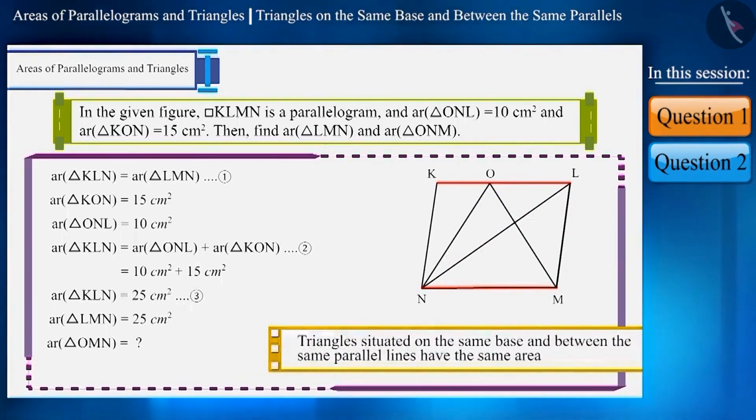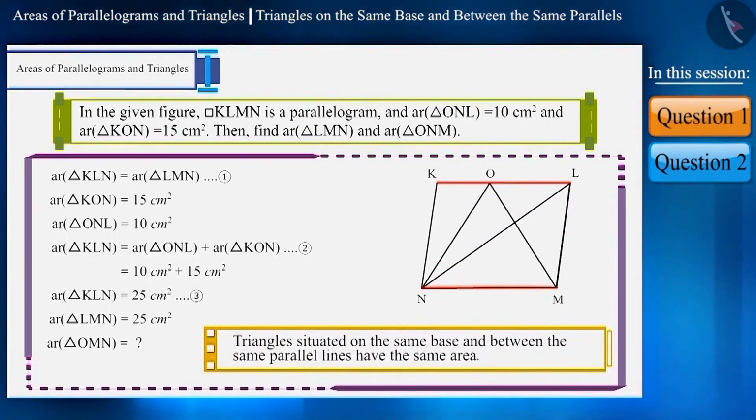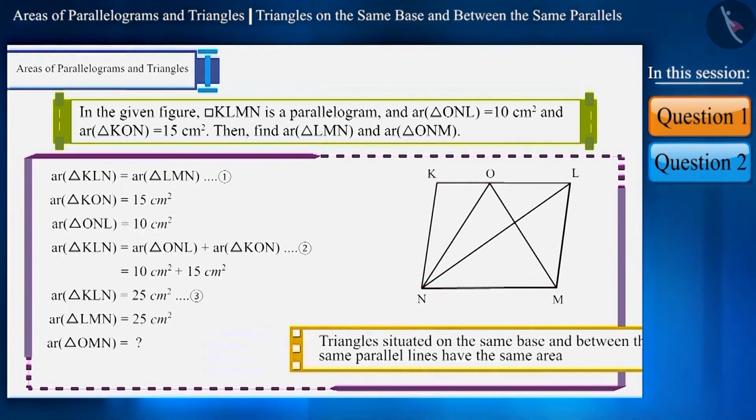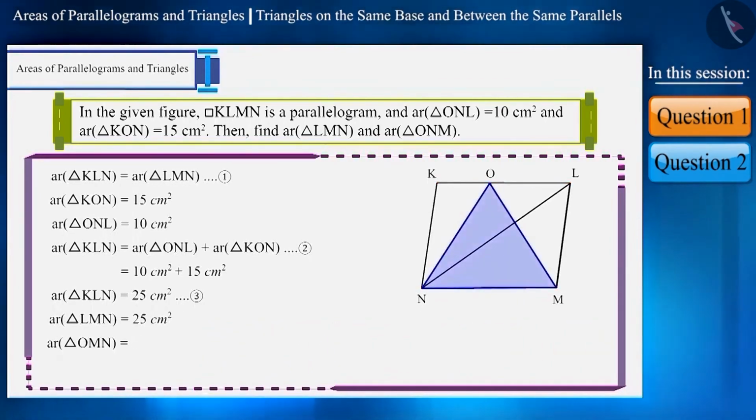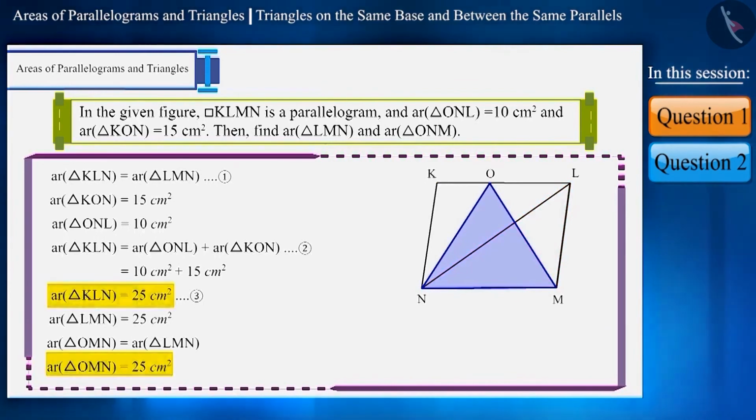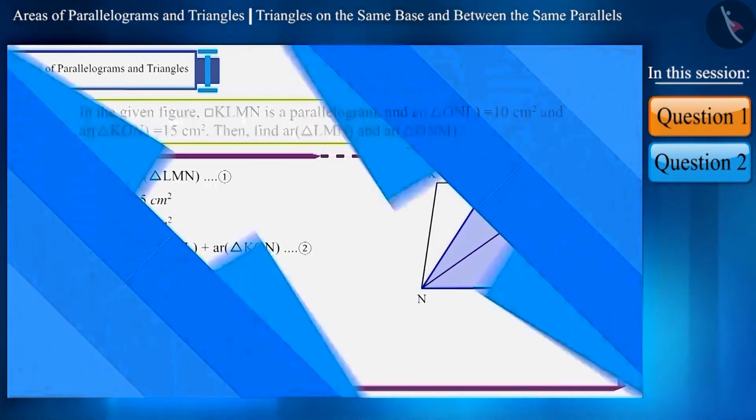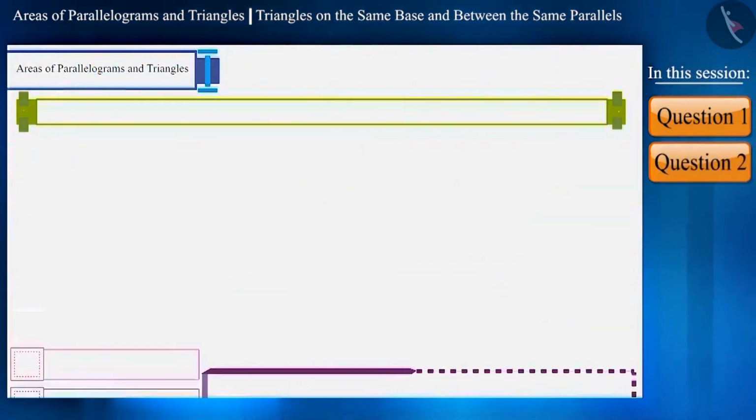Friends, we know that the areas of triangles on the same base and between the same parallel lines are equal. Therefore, the areas of triangles OMN and LMN will be equal. So, the area of triangle OMN will be equal to 25 square centimeters. Let's move to the next question.